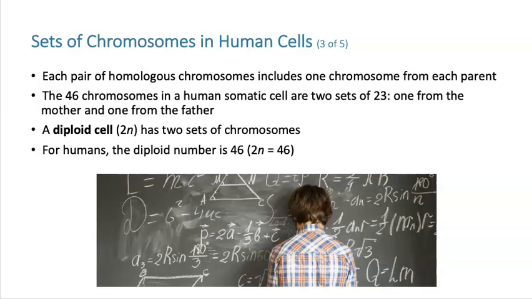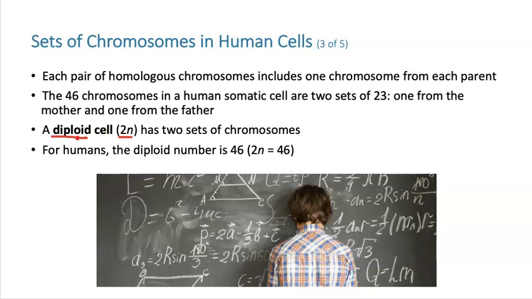So whenever I'm going to do math with you in this lecture, I've got the picture of the kid banging its head against the chalkboard because math is hard sometimes. But this math is fairly straightforward. 46 chromosomes in a human somatic cell, 2 sets of 23, 1 from mom, 1 from dad. We use the term diploid to describe the fact that they have 2 sets of chromosomes.